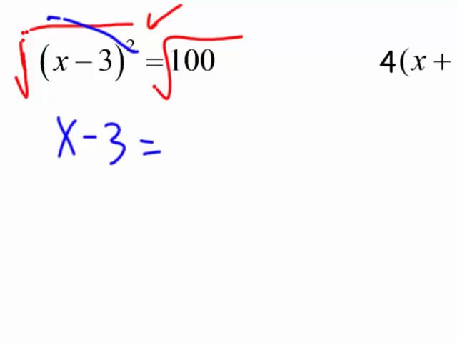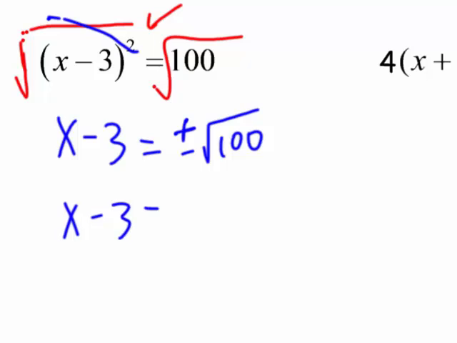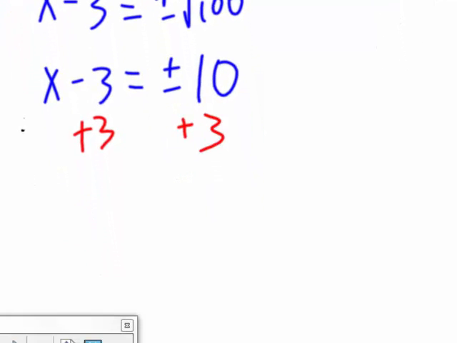And that'll equal, well, remember, anytime you square root both sides, I need to put plus or minus. So it's really plus or minus the square root of 100, which is what? Yeah, 10 times 10 is 100, so this is plus or minus 10. So is that going to be my answer? No, what do I have to do still? I have to add 3 to both sides. But be careful here, because what does this mean?